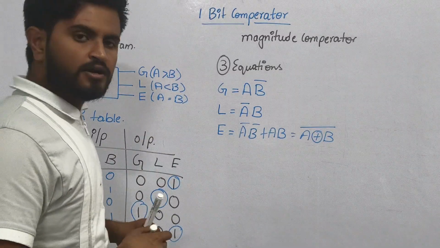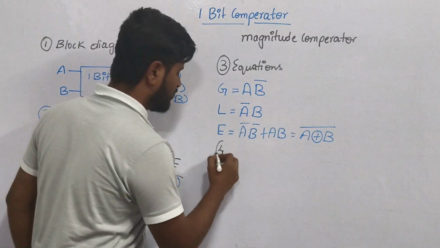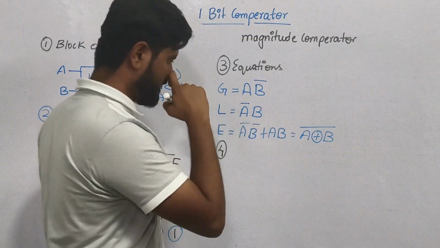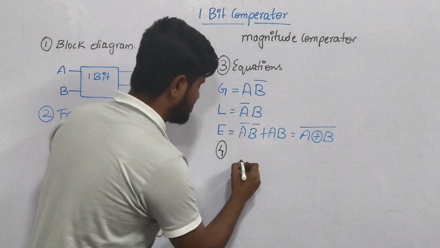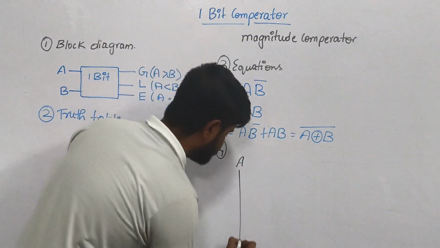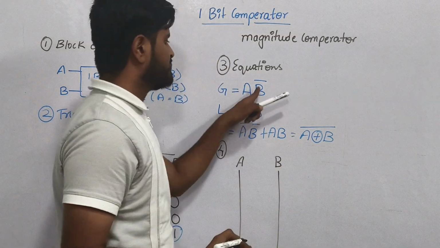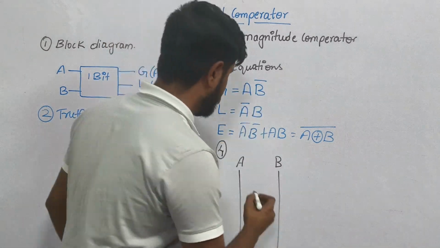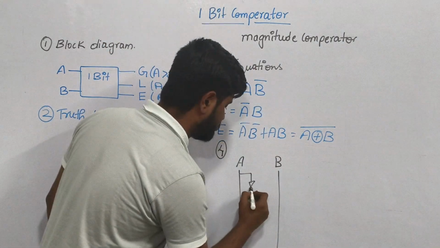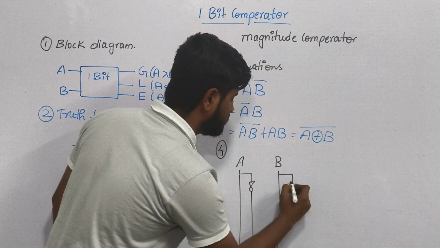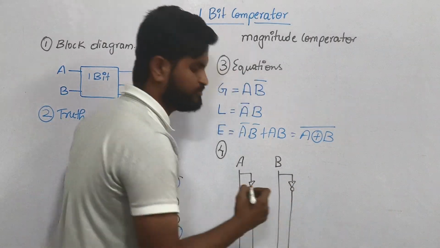Now let's write the logic diagram for the outputs. I have A and B, so I take A here and B here. We also need the bars, that is A bar and B bar, so I will use a NOT gate for each.